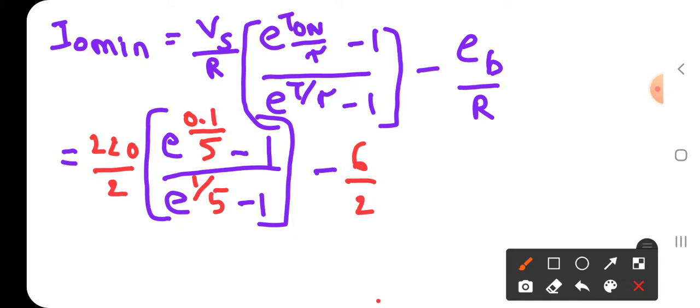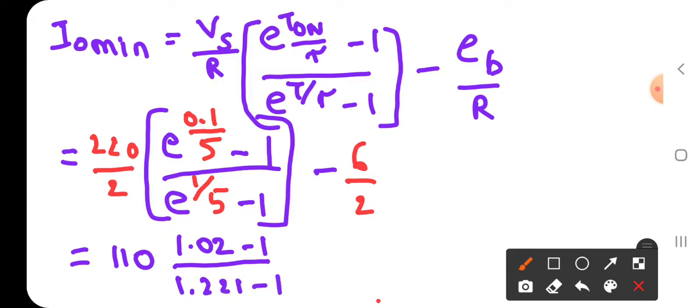Therefore, how much is this value? 220 by 2 is 110. e power 0.1 by 5 is 1.02, minus 1, over e power 1 by 5 is 1.221, minus 1, minus 3. So what is the total value?